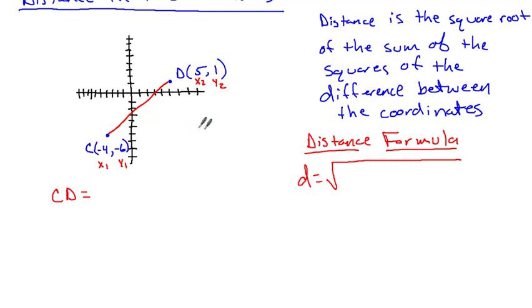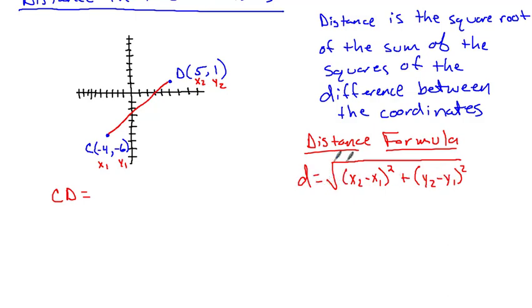So I have to differentiate now. So the difference between the coordinates, x2 minus x1, sum of the squares of the difference. So I'm squaring the difference, and then I'm adding it to the difference squared of the y-coordinates. And this is the distance formula.